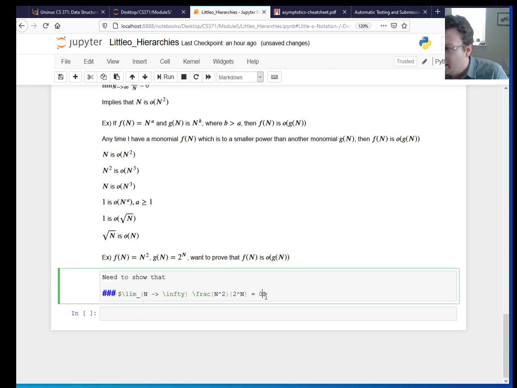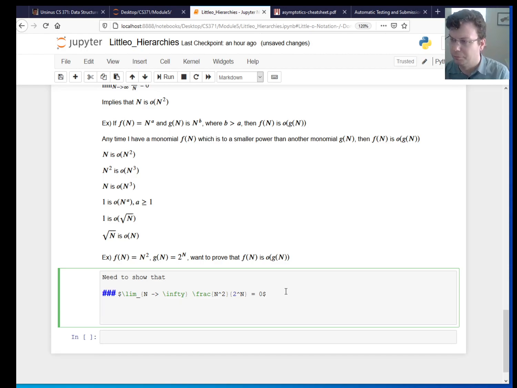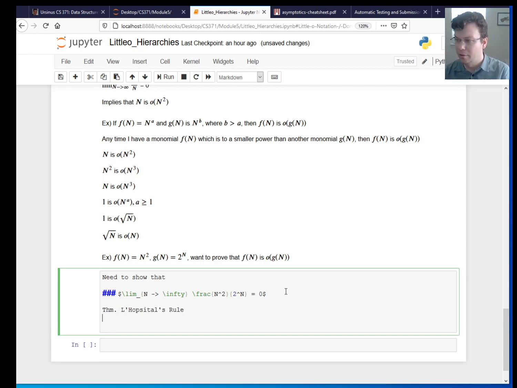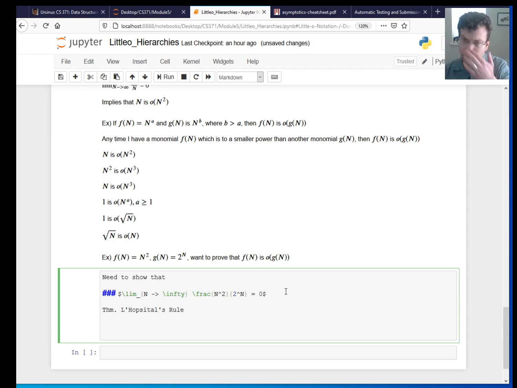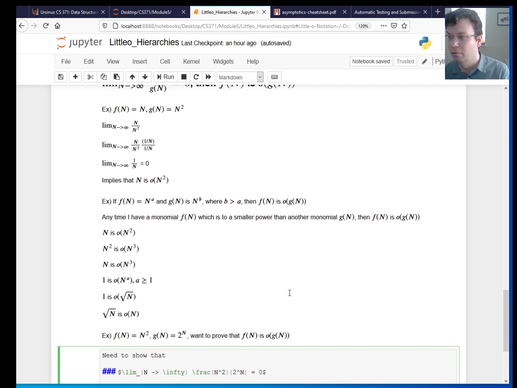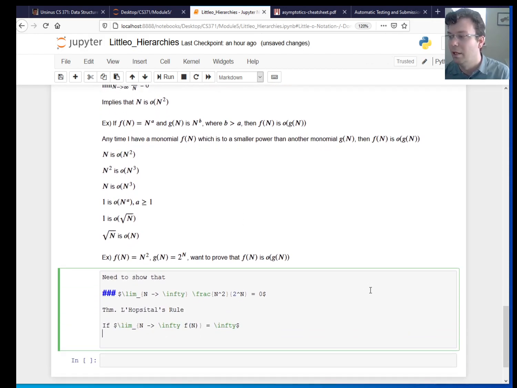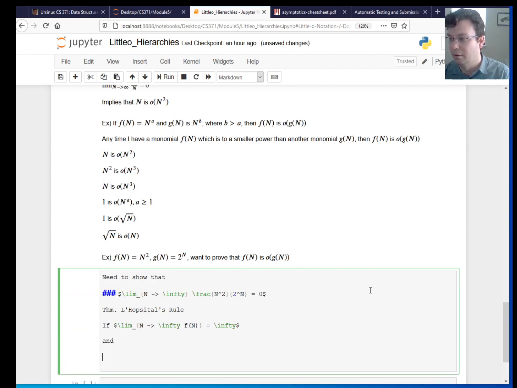Now we recall L'Hopital's rule from calculus, which says a few things, but one of the things that it says is if the limit as n goes to infinity of f(n) is infinity, so if f(n) just grows and grows and grows, which all of these do, except for the constant, and the limit as n approaches infinity of g(n) goes to infinity.